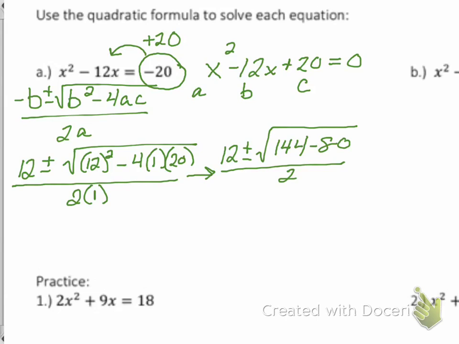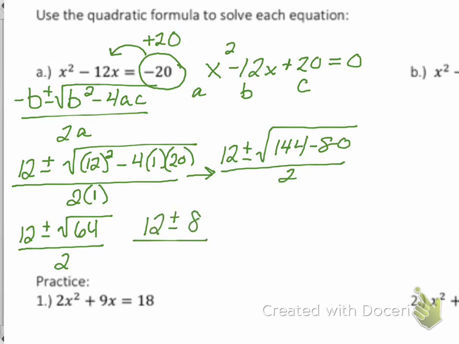So then I'll do 144 minus 80, and I get 12 plus or minus the square root of 64 all over 2. So this is working out really well, because the square root of 64 we know is 8. So I have 12 plus or minus 8 all over 2.